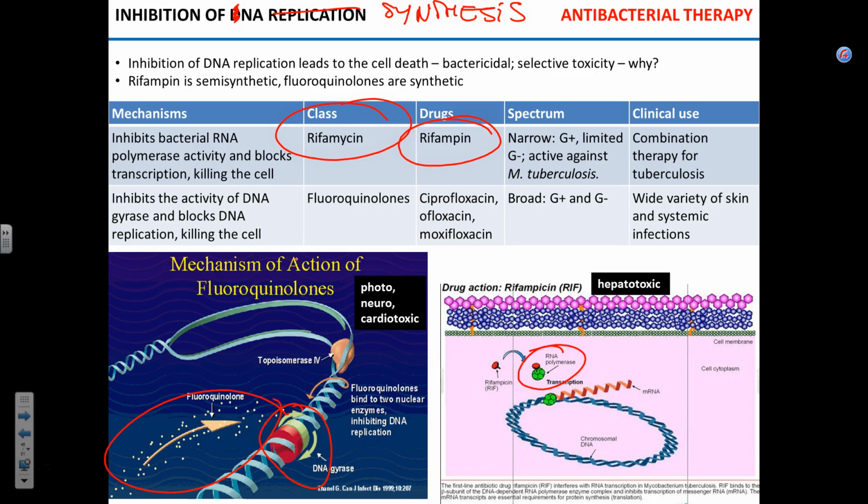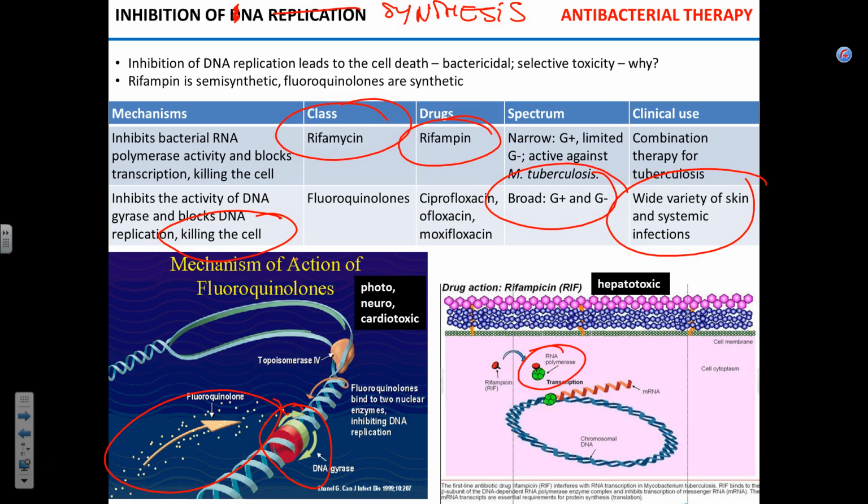When it's inhibited, DNA replication is stopped. And since DNA replication is stopped, the cell dies. Now these drugs you probably have encountered. Cipro is an example of a fluoroquinolone. It's a broad-range antibiotic used to treat a variety of systemic infections.